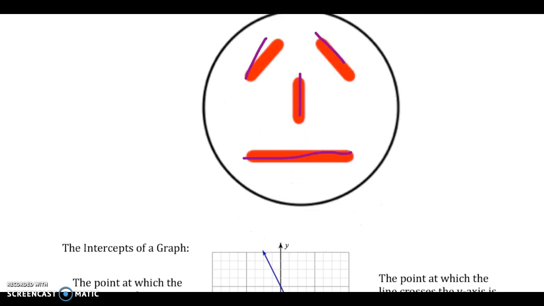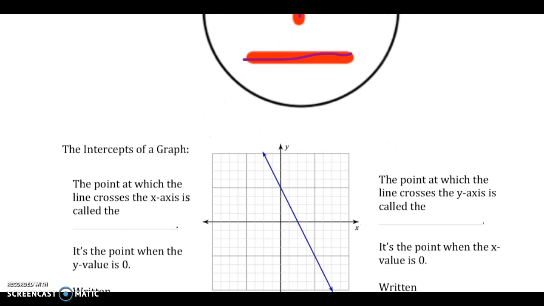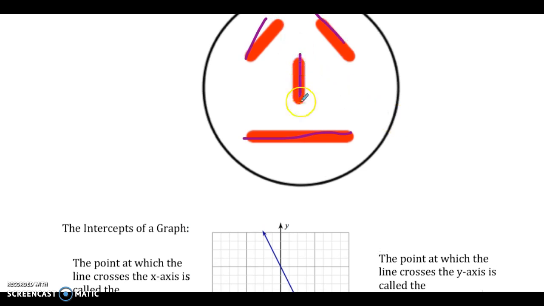Remember, slopes that are horizontal are going to be a slope of 0. And then vertical, straight up and down, is going to be undefined, because we end up getting 0 in the denominator, and we can't divide by 0.